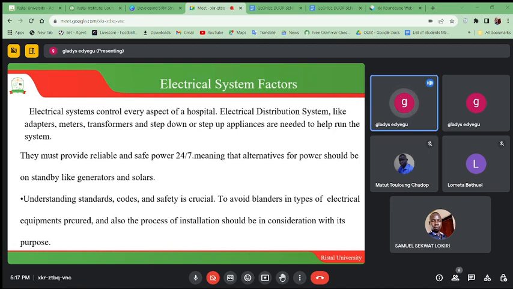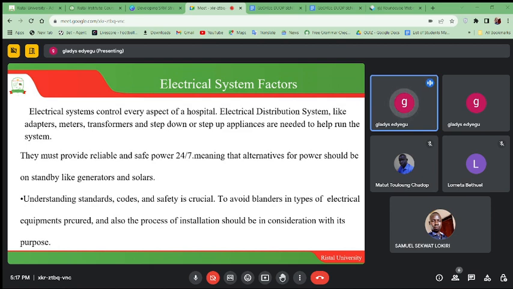And when electricity is not able to provide what we need to run the machines, then we should have solar, or we should have generators on standby to help us provide the power that we need. If we don't have that, then it is going to affect our service delivery and make us lose our patients.